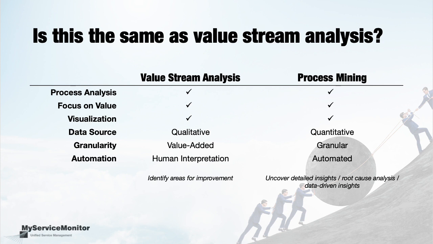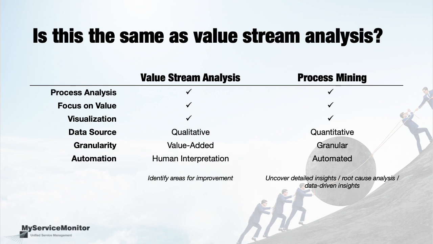Process mining also provides a granular view of process execution at the level of individual events or transactions, allowing for detailed analysis of process flows, variations, and performance metrics. Value stream mapping, on the other hand, may focus on higher level process steps and value added activities.